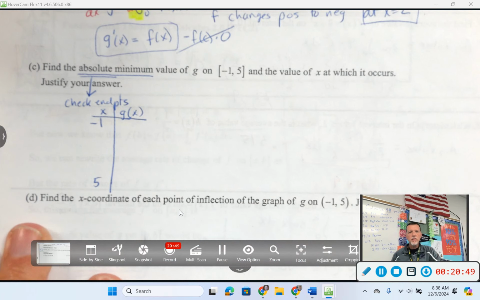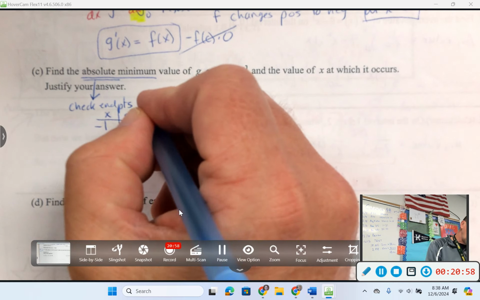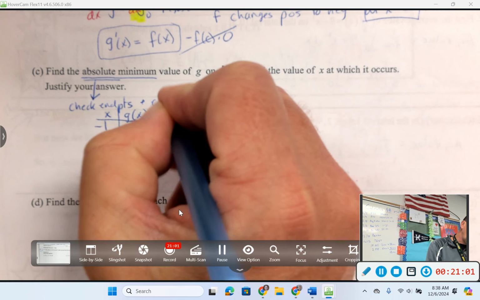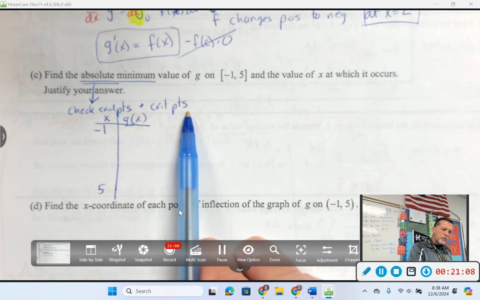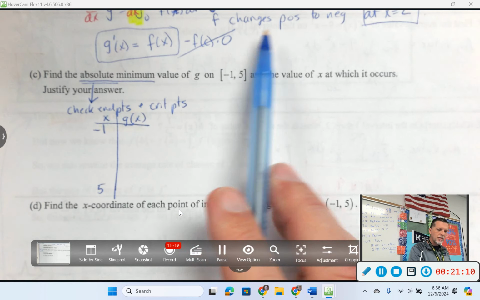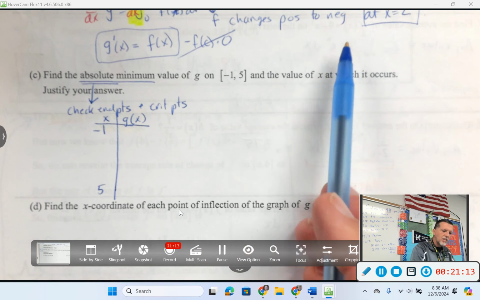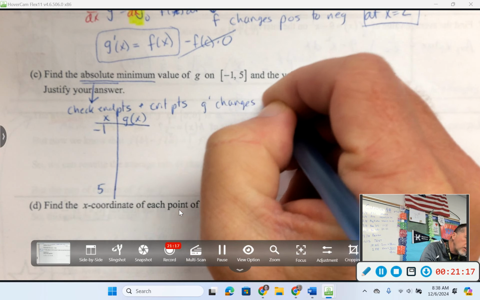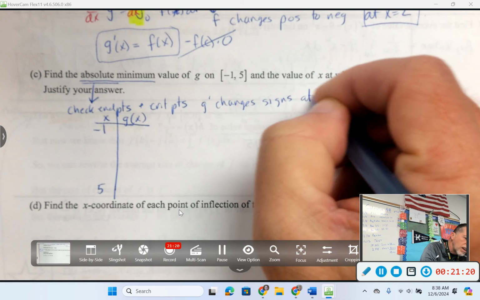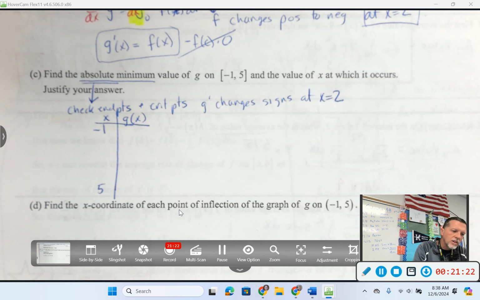Those are my endpoints. And then I should check critical points. So endpoints and critical points. Critical points would be where G prime changes signs, but we already answered that. G prime changes signs only at x equals 2.